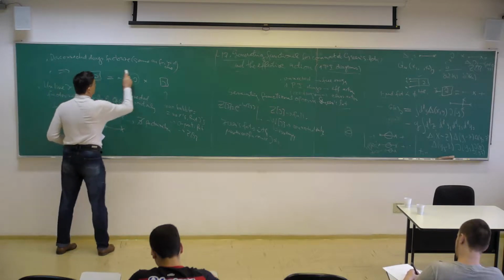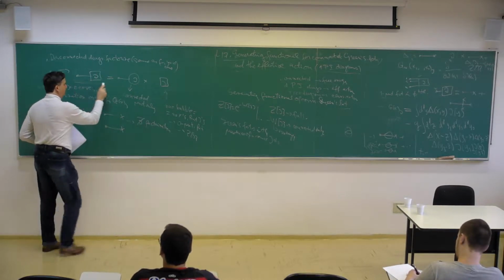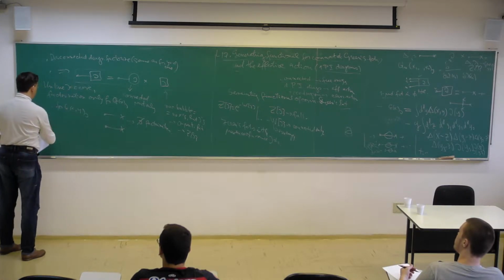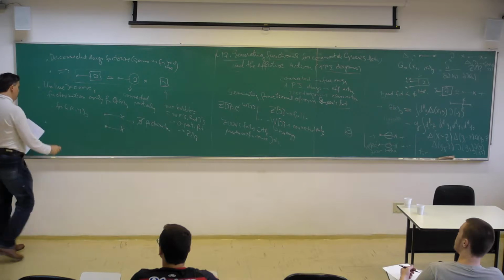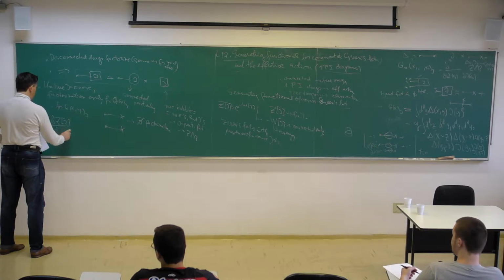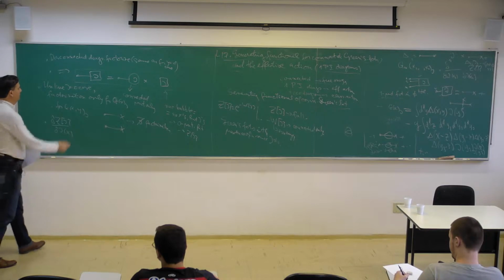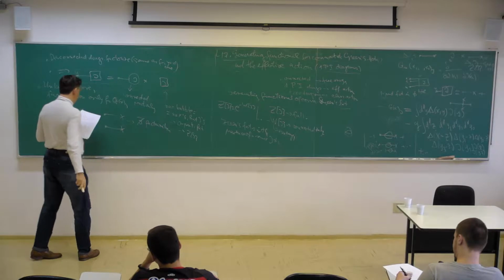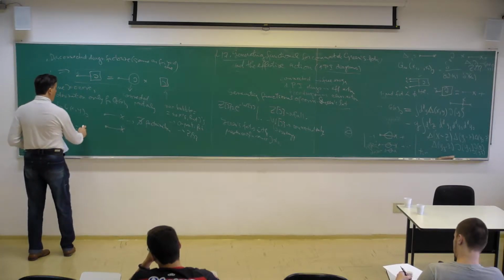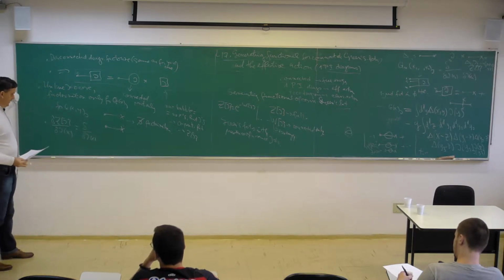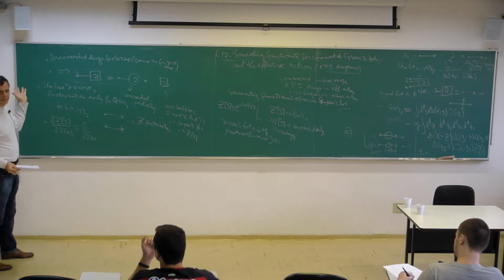So let's write this diagrammatic equation in formulas. This is the one-point function, and the one-point function is the first derivative of Z, the generating function. So this is dZ of j over dj of x. I call this one x. And then on this other side, I have also a one-point function, the first derivative of the generating function of connected diagrams.